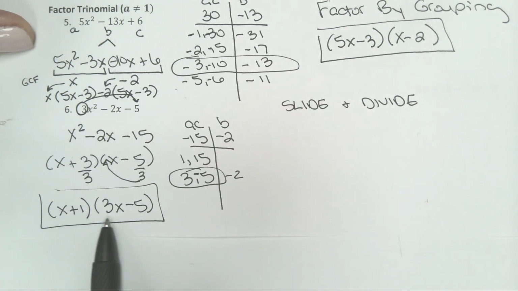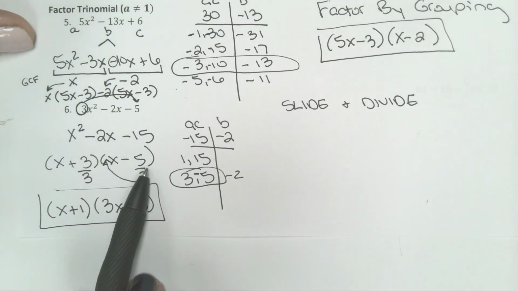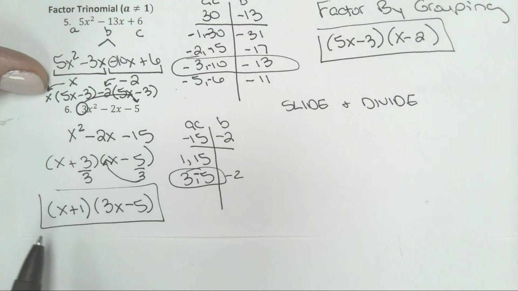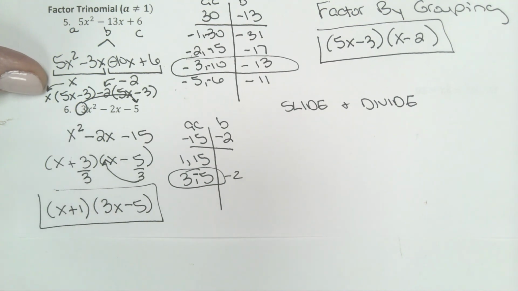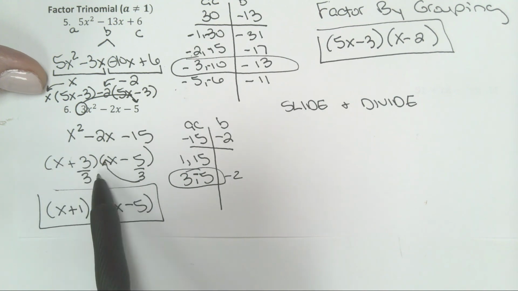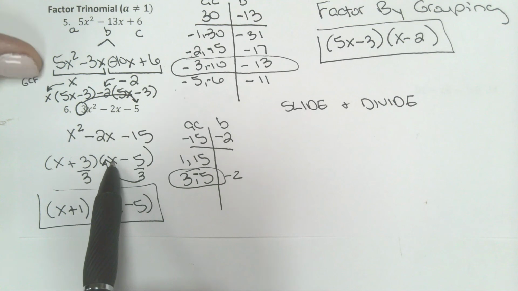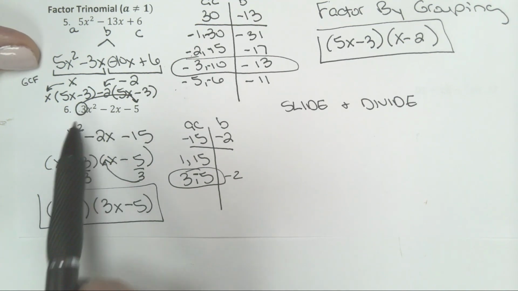We have to do it this way. You can't just leave it as x plus 3x minus 5, because you have to remember that from factor form to standard form, they have to be equivalent. If you didn't move the 3 in front and you take x times x, that's only x squared. But I have to have a 3x squared.